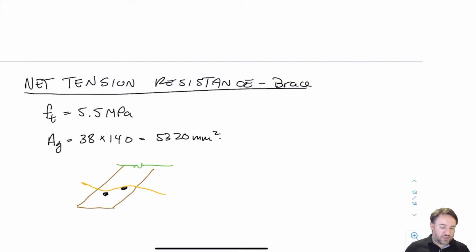So there is a requirement given in 12.4, and you find it right in the parallel to grain group, tear out resistance in 12.4.4.5. No, sorry, not there.